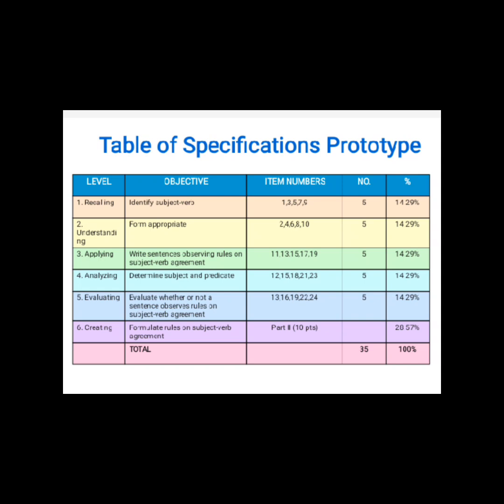So as you can see, class, 14.29 ra gyud ang kutob sa evaluating, kay parehas raman sila og items number, 5 raman sila. So next kay applying. So sa applying, write sentences observing rules on subject verb agreement. So kani diri kay applying, imo silang pahimuon og mga sentence nga ga-base sa rules sa subject verb agreement. So 5 items ra gihapon siya.